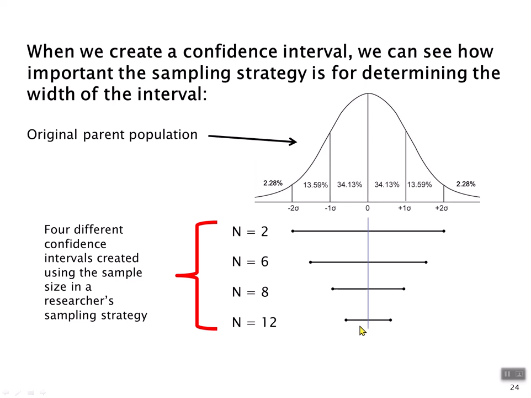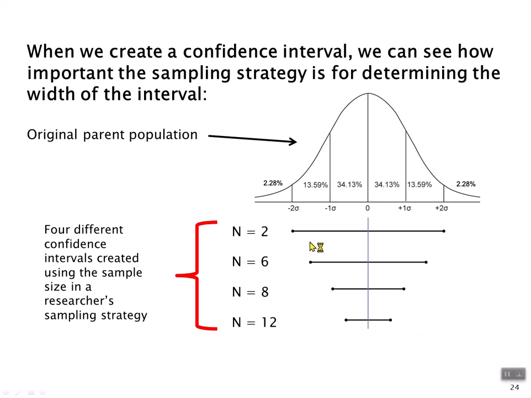And if your purpose is to make a guess or estimate about where this true population mean is, you need a larger sample to get a more accurate impression of where this population mean happens to be. Small samples don't do it. A small sample could be way off. Your mean could be all the way down here, it could be all the way up here, it could be anywhere in between. That's one of the reasons why it's important to have very large samples, although extremely large samples are difficult to get.